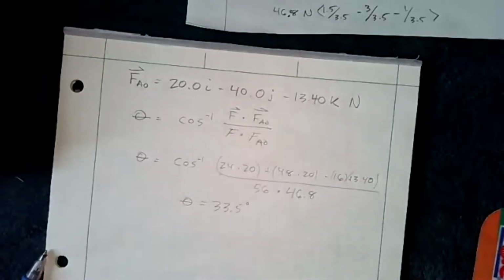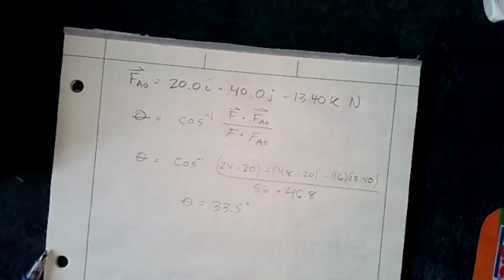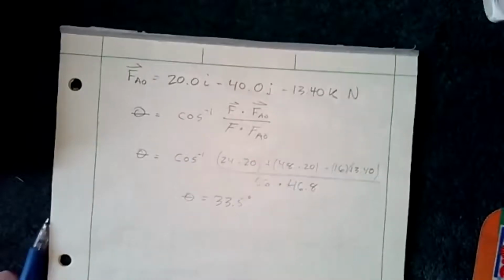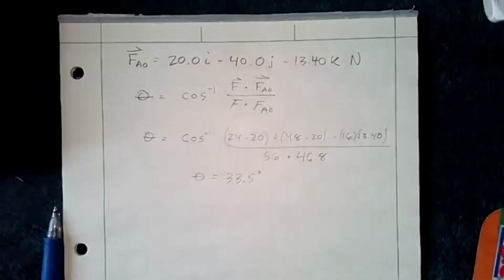So I went through that a little quick, but with a couple practice times you should get this. Now, I probably won't do many problems where I ask you to find the projected force, but this idea is what we're going to use to figure out how to get a projected moment.